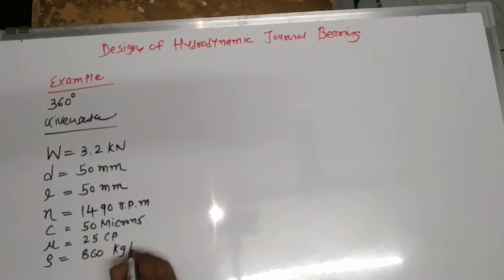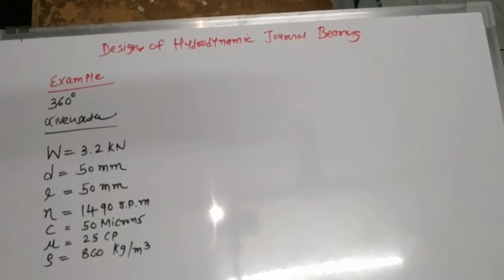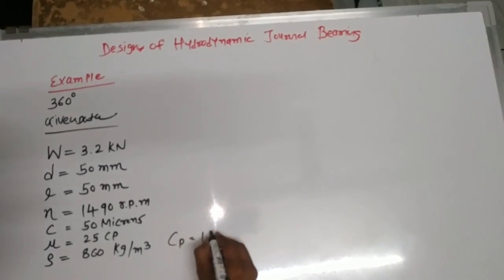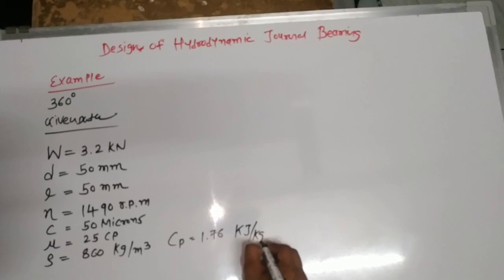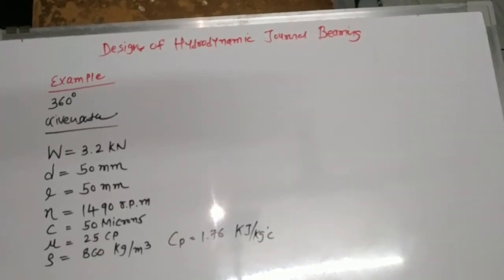The unit is important because whenever we are dealing with design, unit conversion plays an important role. And the specific heat of lubricant is also given, Cp, with the value of 1.76 kilojoule per kg into centigrade. So the Cp is also given.